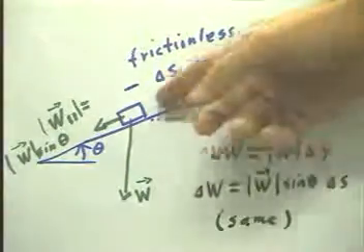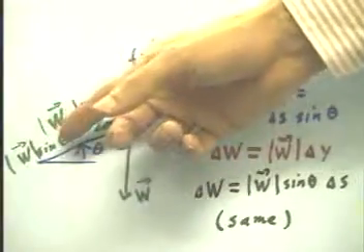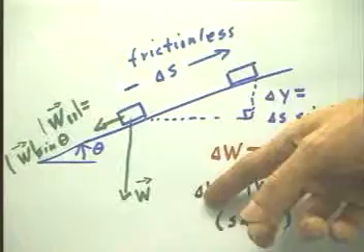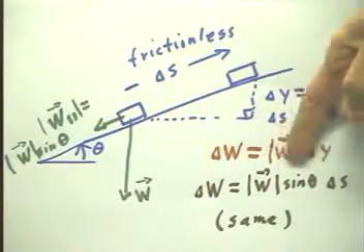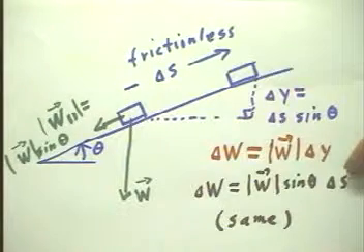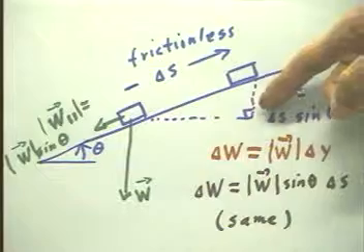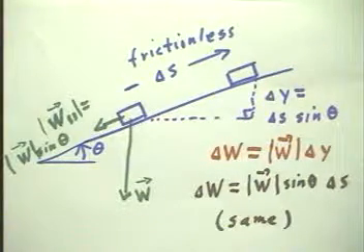Now, if we think of sliding along the ramp, we go the full distance delta s, exerting a force of magnitude W sine theta. Our work contribution will be the force, magnitude W sine theta, times delta s. This expression and this expression are the same, because again delta y is just delta s sine theta.